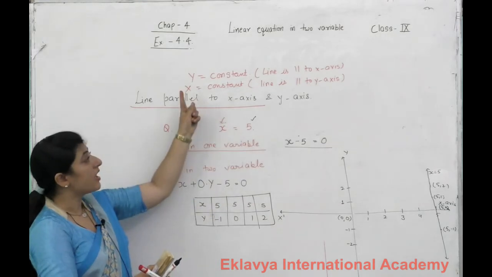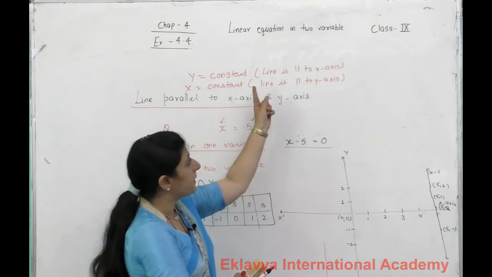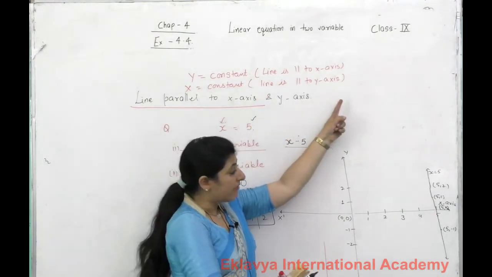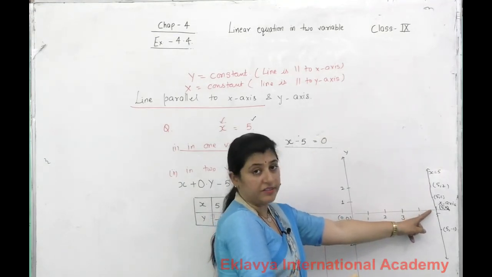It means, see here, x is equal to constant, then your graph will be a line parallel to the y-axis, passing through the x-axis at the point 5.